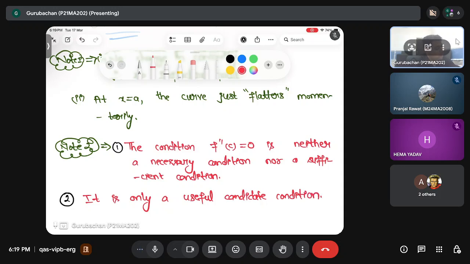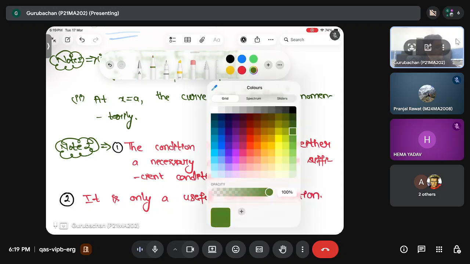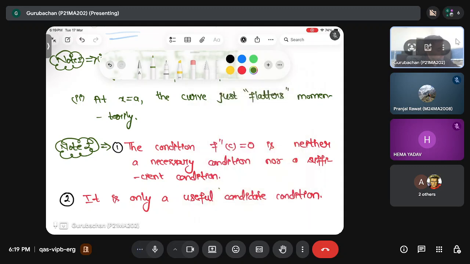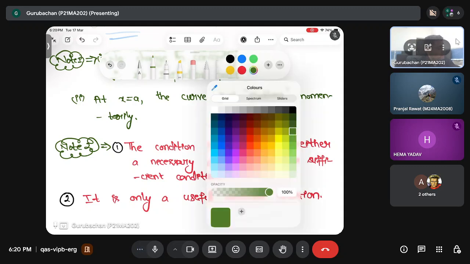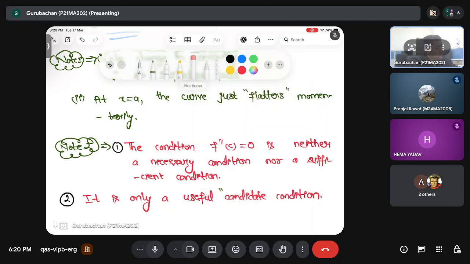That means it's just providing us a candidate that can be focused on, that it can be an inflection point.